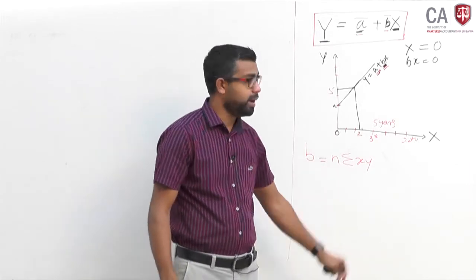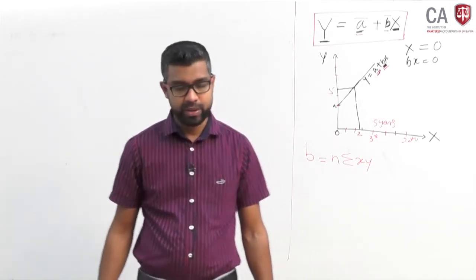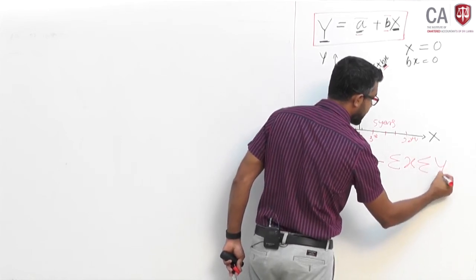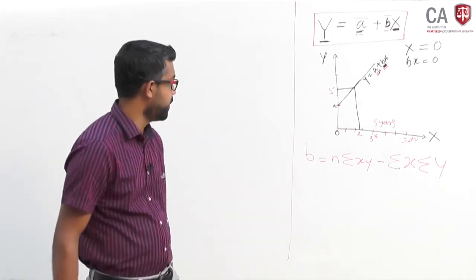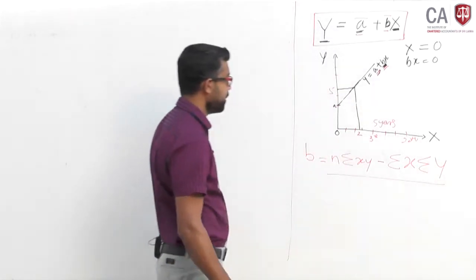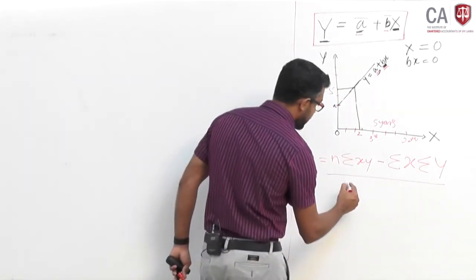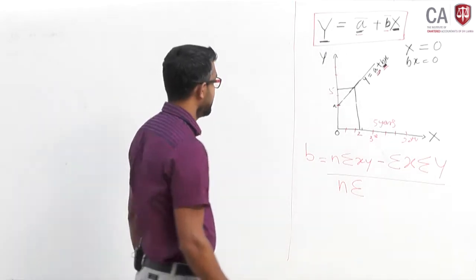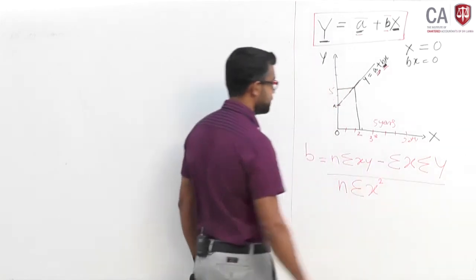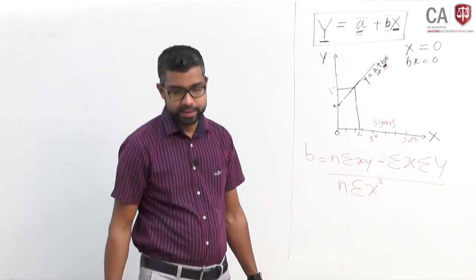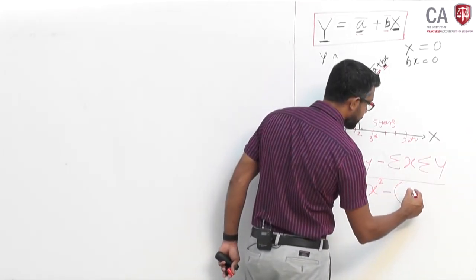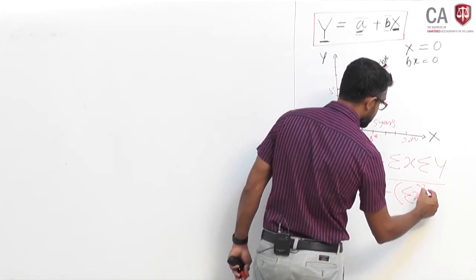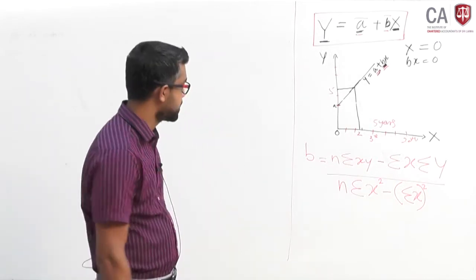Number of variables n multiplied by the sum of the products of x and y, minus the sum of x into the sum of y, divided by n into the sum of the power of x, minus the sum of x, all squared.